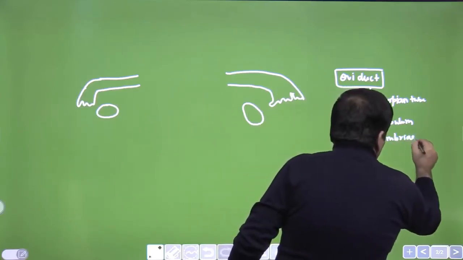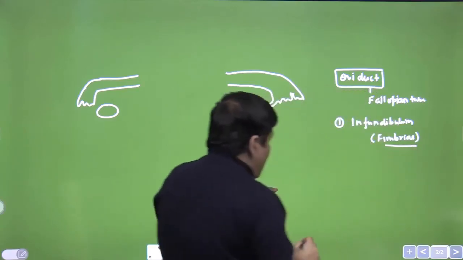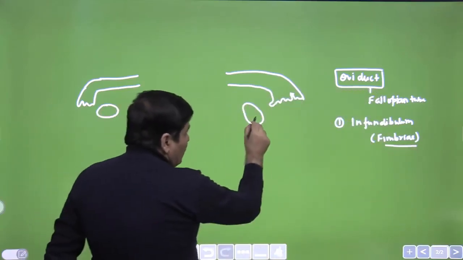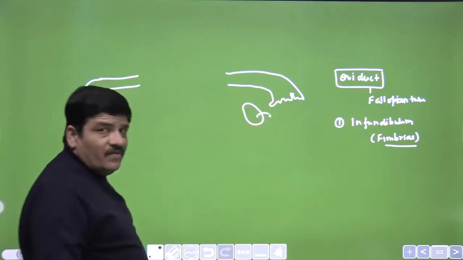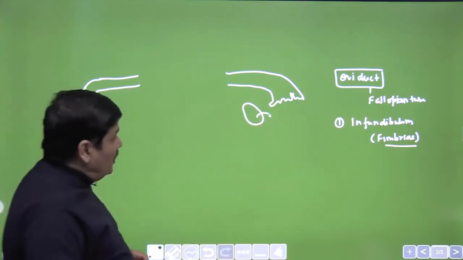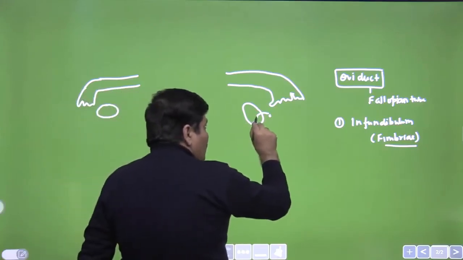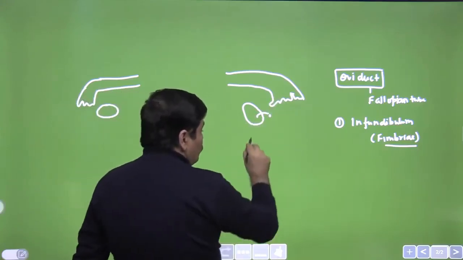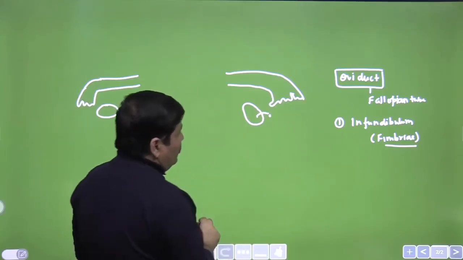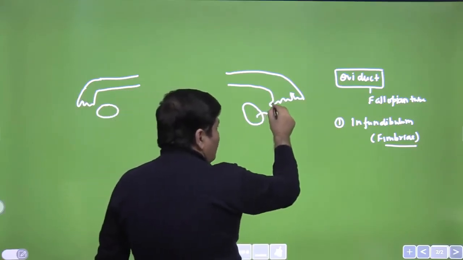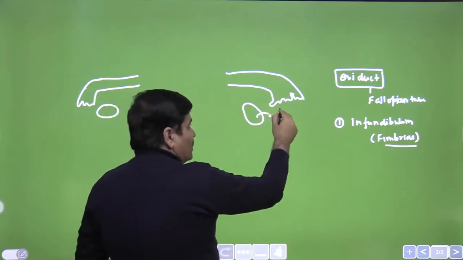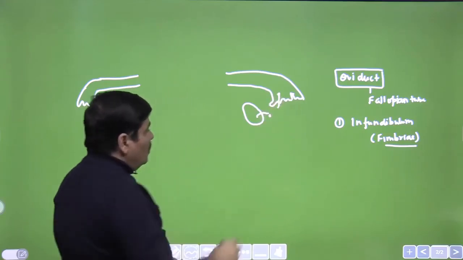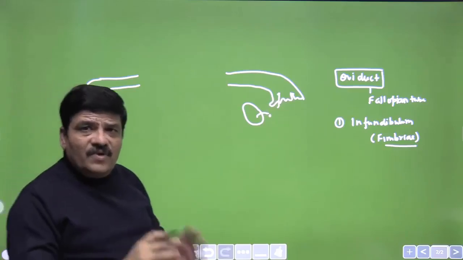The ovum released from the ovary is released into the peritoneal cavity. Mind you, this is an important point. The ovum is not directly released into the fallopian tube; it is released into the peritoneal cavity, and the fimbriae help in catching this ovum and transferring it into the oviduct. So this is a very important thing.